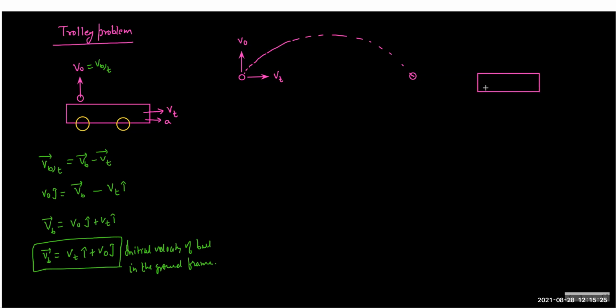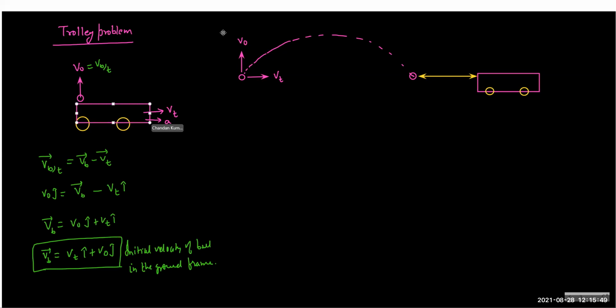You can just think like this. So the question is, what is the gap between the trolley and the ball? Imagine it's thrown from the edge of the trolley. That's the idea. It's difficult for you to understand, so maybe I can do one thing.